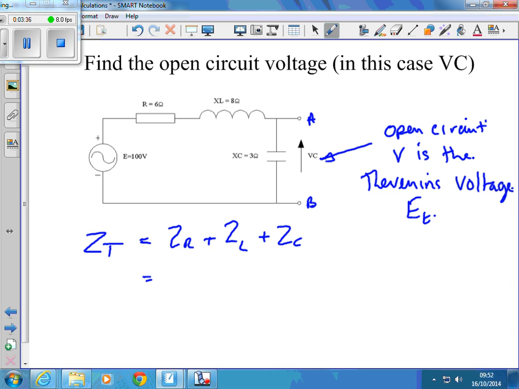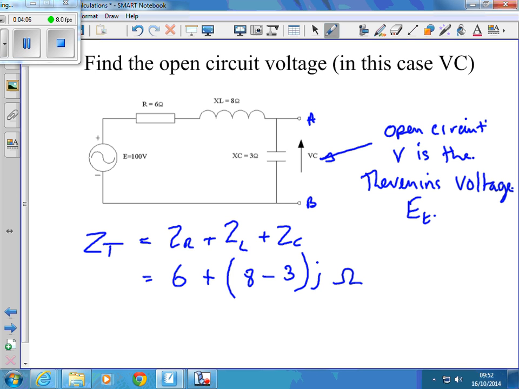So we've got 6 for the resistance plus, and then these two go together because they've both got J associated with them. So when we looked at this last week, we opened a set of brackets and we said that was XL minus XC J, didn't we? Yeah, and that's in ohms.